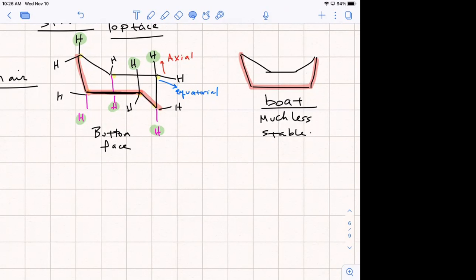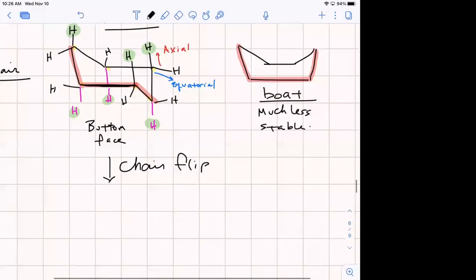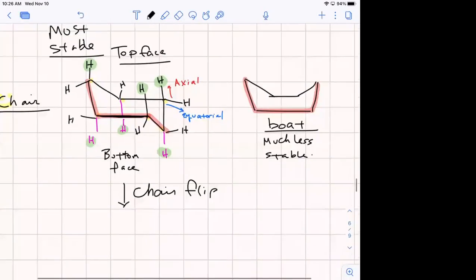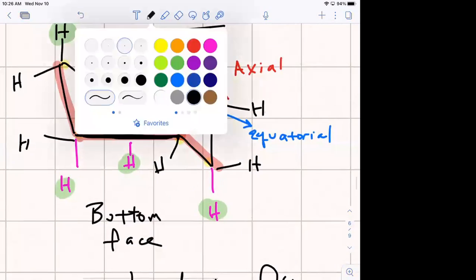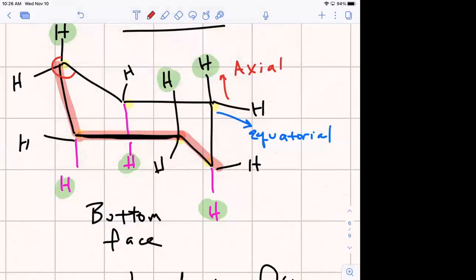So in a chair flip, what happens is all of your positions switch. Everything that was axial becomes equatorial. Everything that's equatorial becomes axial. So I'm going to take the back carbon. I always like to show this in terms of these two carbons. It makes it easier to think about.